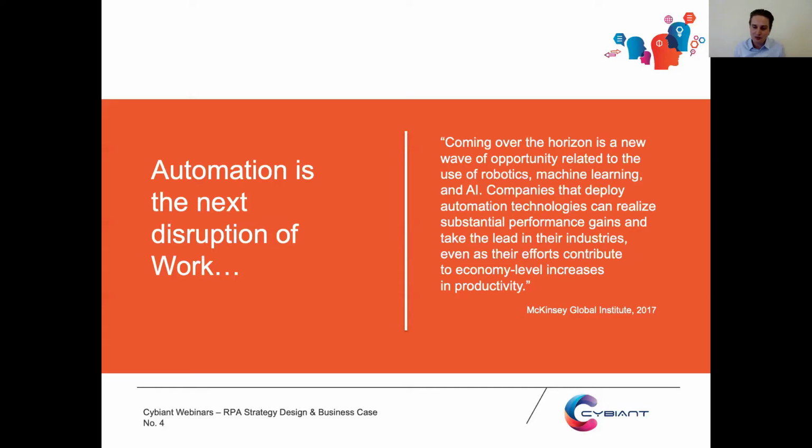And this wave of automation has been known for quite a while right now. Already in 2017, McKinsey did some predictions that coming over the horizon, there's this new wave that is coming and that provides a lot of opportunity for businesses.